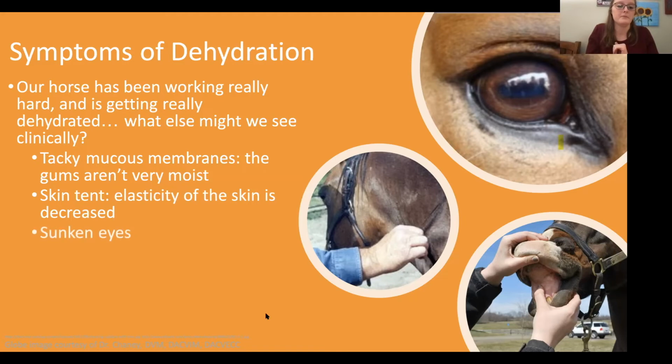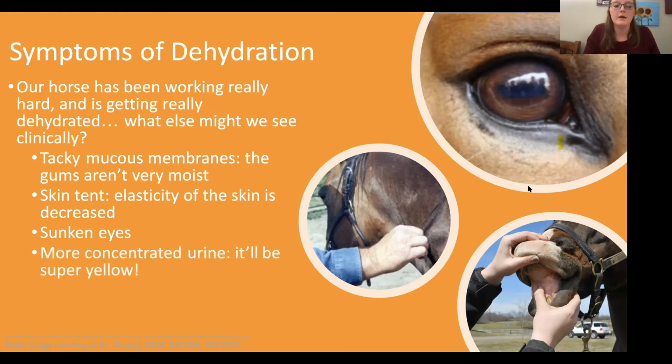Sunken eyes. This horse up here on the right has what looks to be a pretty normal eye shape, but in horses and especially other large animals, sunken eyes means that the fluid in the eyes has decreased to the level that the eyes look too far back in the head because the patient is too dehydrated.